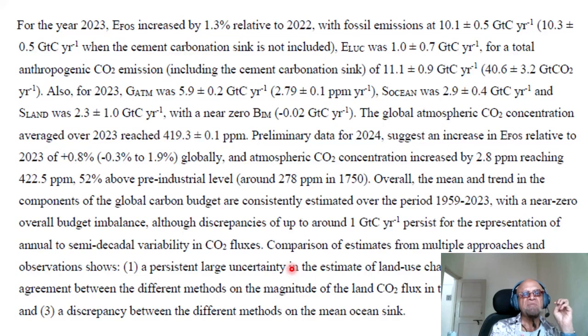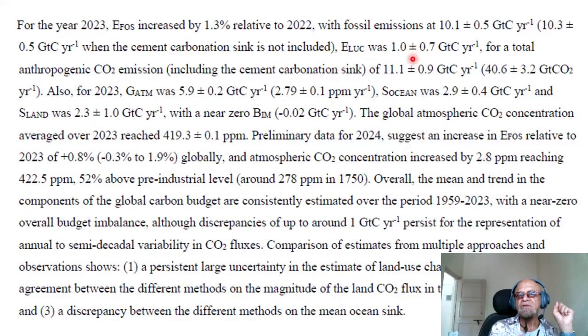Just in terms of numbers, for 2023, EFOS increased by 1.3% relative to 2022, so fossil fuel consumption and emissions went up, with fossil fuel emissions at 10.1 gigaton carbon per year, when the cement carbonation sink is not included.